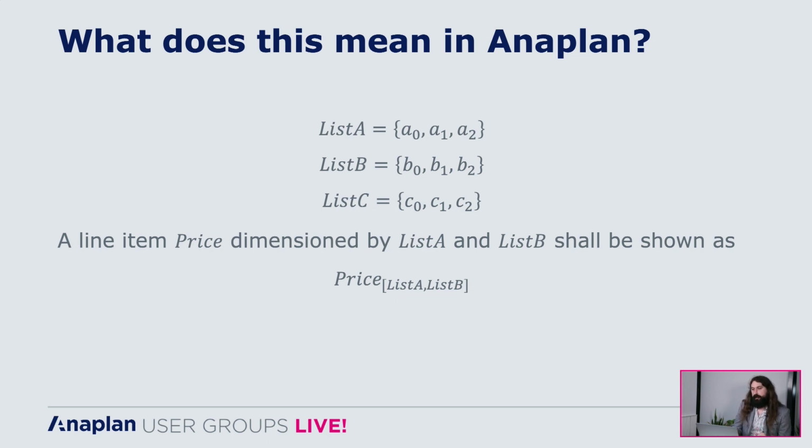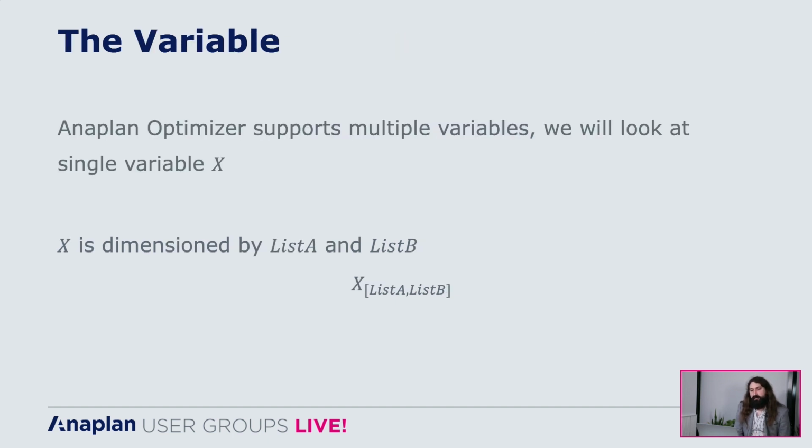So how do we map this to what we saw earlier? Our variable in Optimizer is actually a line item, and it's a single line item. And we'll be looking at what happens when you have a single variable, again because any more variables wouldn't fit very well on the slides, but also because it's just a question of extending this logic to multiple terms.